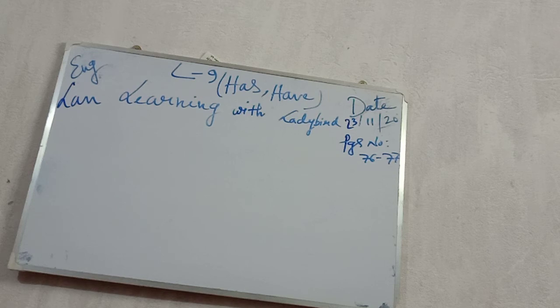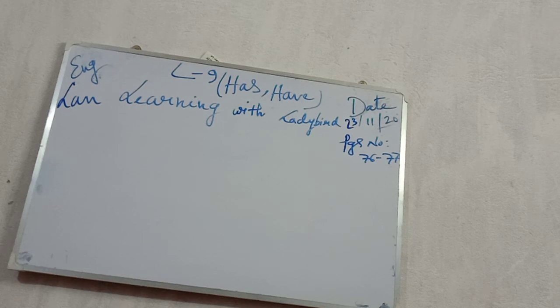Then with specific pronouns like he, she, it, we use has. He, she, it has. It has a colorful face. We cannot say it like this; we have to make different sentences. He has a toy, she has a doll, it has a long tail.